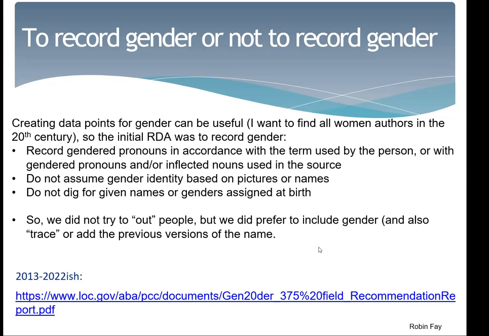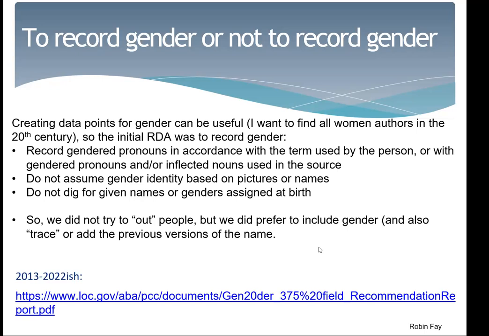The idea, of course, was a good attempt, but we need to go a little bit further. The idea was we're not trying to out people. We're not trying to expose anyone's personal preferences about anything. We're not trying to embarrass anyone or out anybody or cause harm to anyone by including this information.